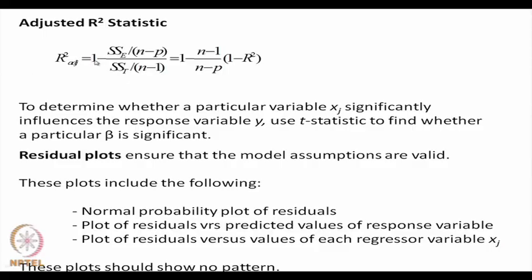That is why it is given by 1 minus error sum of squares divided by n minus p, and divided by total sum of squares divided by n minus 1.